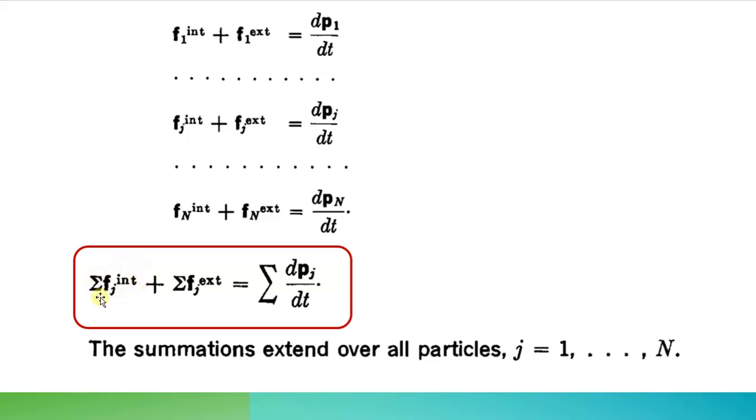Sigma Fj internal means the sum of the internal forces acting on all the particles in that system, plus sigma Fj external, the sum of the external forces acting on all the particles in the system, is equal to sigma dpj by dt, that is, the sum of the rate of change in momentum of all the particles in that system.